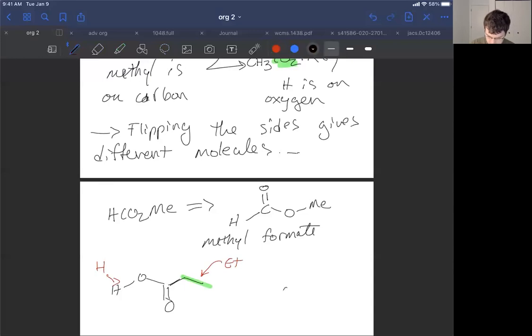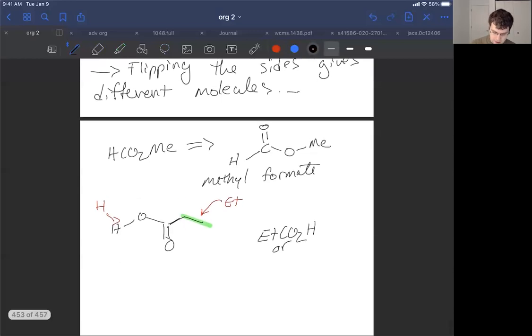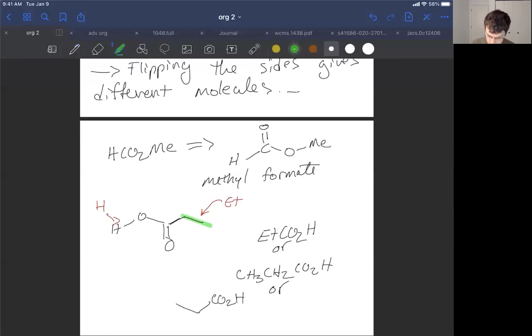If we try to abbreviate this, we've got our CO2, the thing attached to the oxygen is the H, and the thing attached to the carbon we could abbreviate as ethyl, or we could write it as CH3CH2CO2H, or even better, we could just draw 2 carbons, CO2H, where my 2 carbons are single bonded to that carbonyl oxygen.